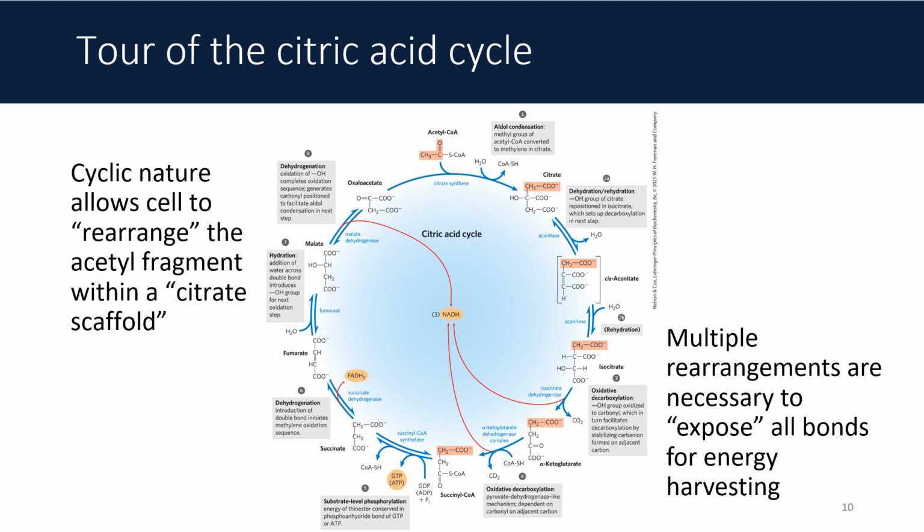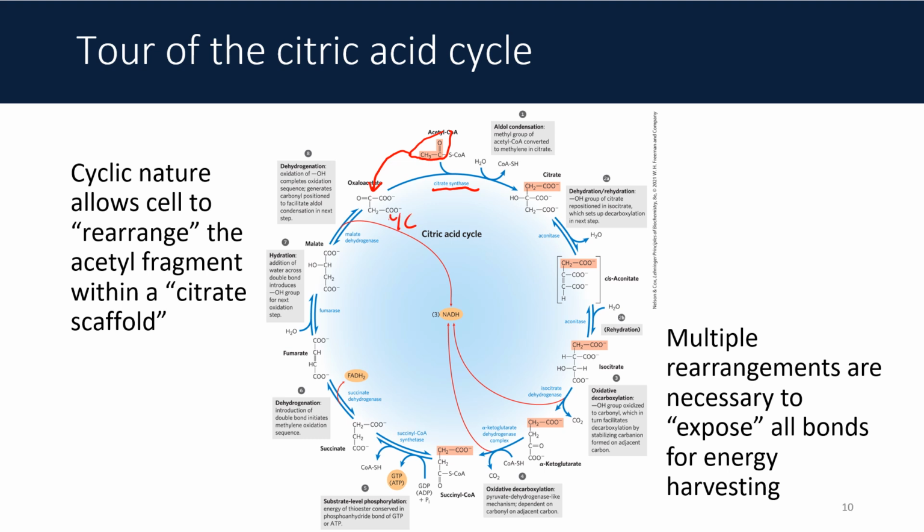The first reaction of the citric acid cycle is also the last reaction. That's because it's a cycle, and hopefully by the end of this slide, it'll make sense as to why that is. The first enzyme in this process, citrate synthase, is going to catalyze the transfer of this red highlighted portion of acetyl-CoA onto a molecule of oxaloacetate.